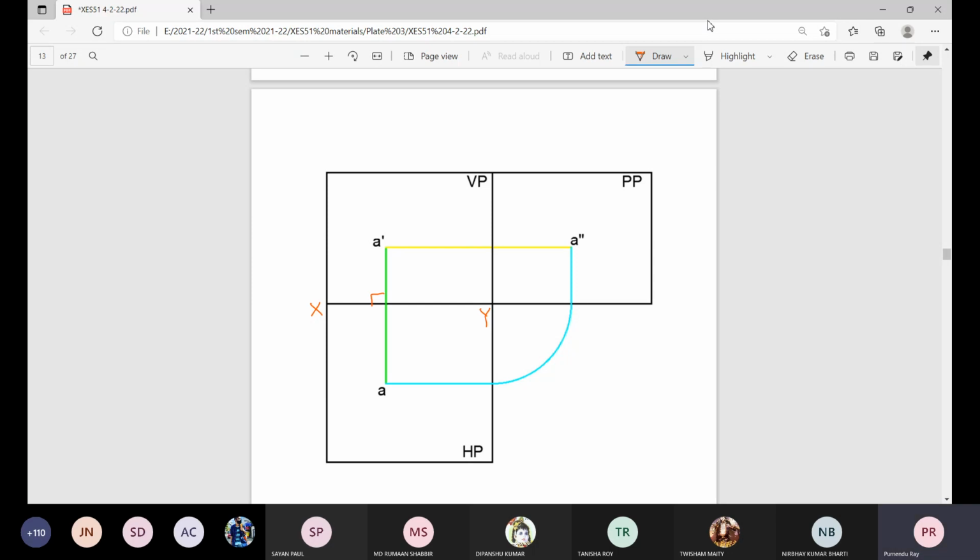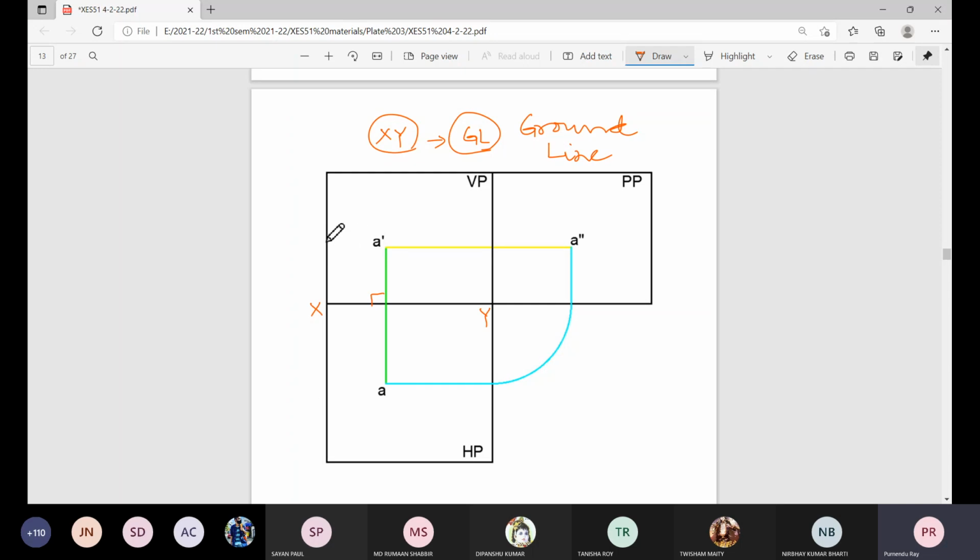This XY line has another name, GL, that is ground line. Is it clear? Yes. All these are basic alphabets. We must know this, remember all these things, so that afterward very smoothly we can sail through this subject.